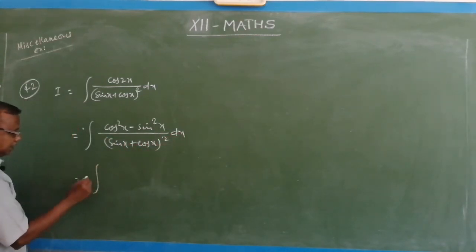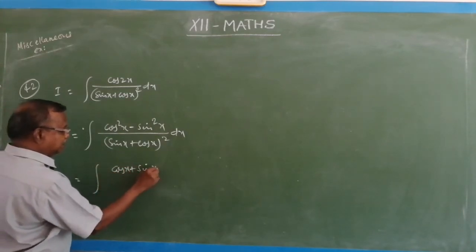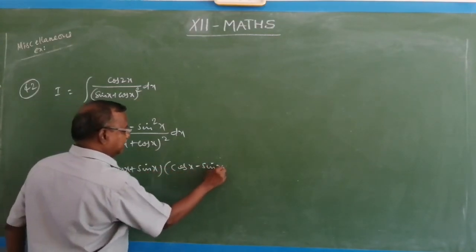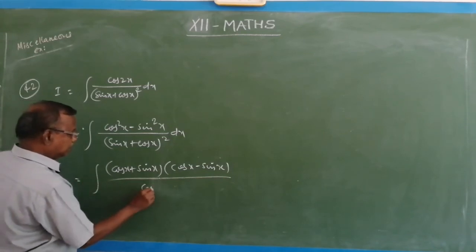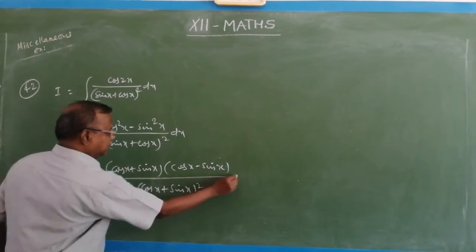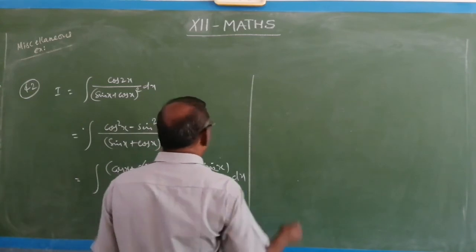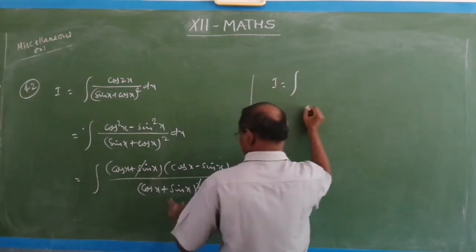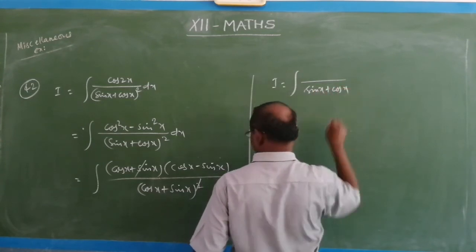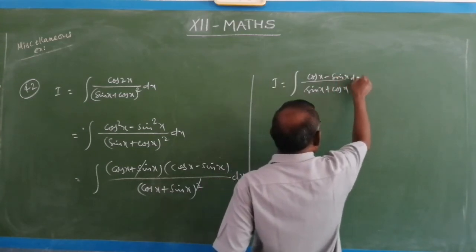So this is equal to integral cos x plus sin x into cos x minus sin x, divided by cos x plus sin x the whole square into dx. So cancel one factor. Now I equals integral, the denominator is sin x plus cos x and the numerator is cos x minus sin x into dx.